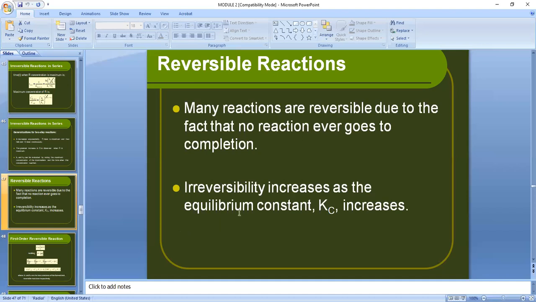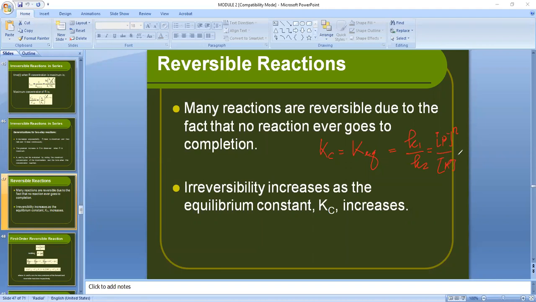Now, irreversibility increases as the equilibrium constant K sub C increases. Speaking of the equilibrium constant K sub C, some books would write it as the ratio of the rate constants of the forward and the reverse reactions. It's also equal to the concentration of the products, each raised to its exponent in the balanced chemical reaction, over the reactants.